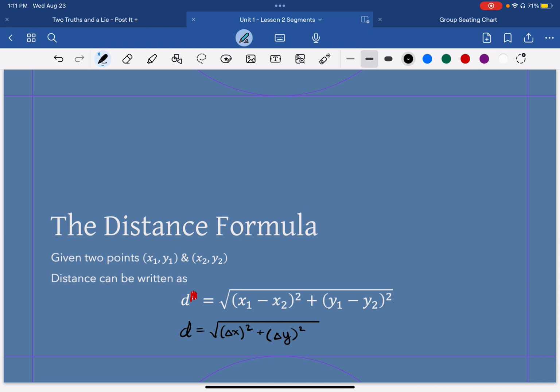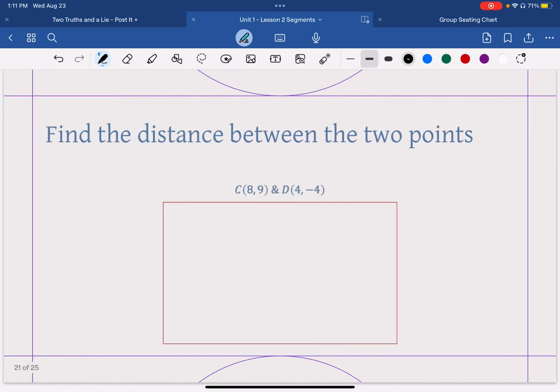All right, they mean the exact same thing, but this way you know that the change in x is equal to x1 minus x2. The change in y equals y1 minus y2. And so you can just find the difference from them and then square them. Okay?